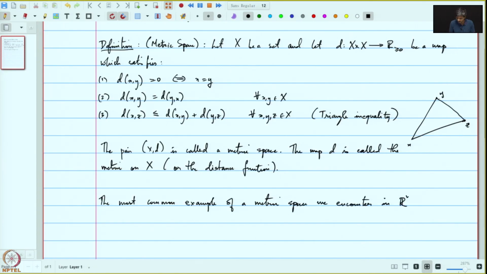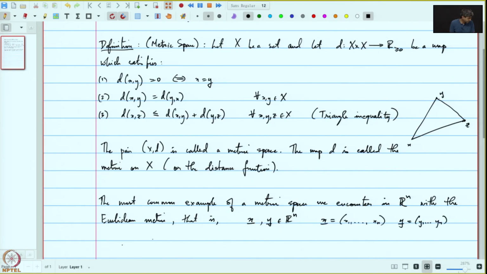The most common example of a metric space we encounter is R^n with the Euclidean metric. If we have two vectors in R^n, x equal to (x1, ..., xn) and similarly y equal to (y1, ..., yn), then d of x comma y is defined to be the square root of the sum of squares of the differences of xi and yi.